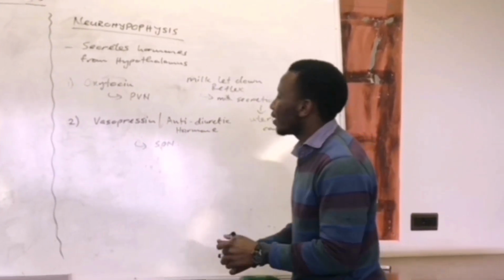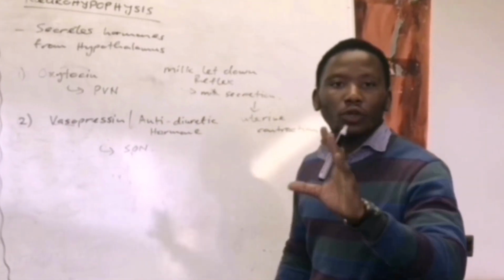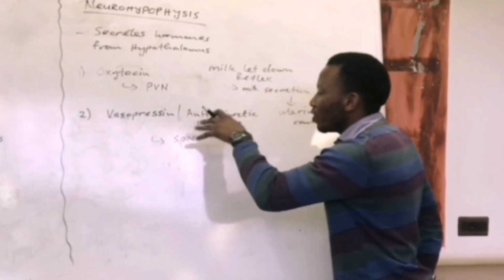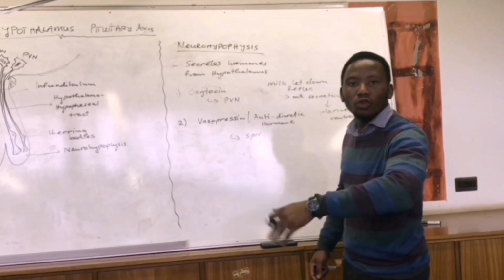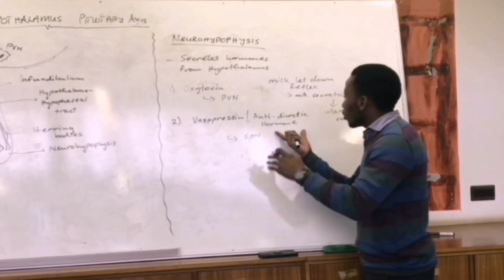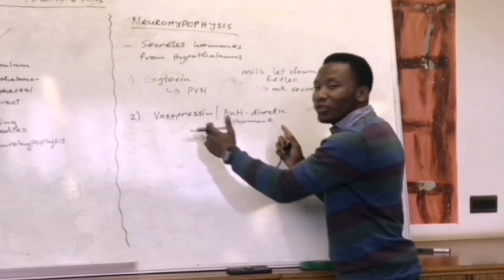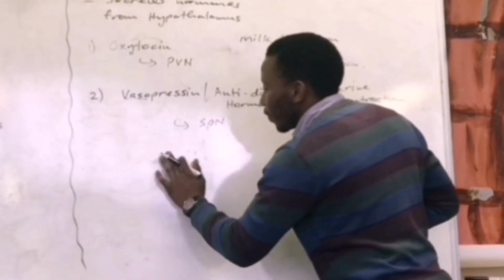Vasopressin, as the word says, vaso for vessel, okay? Pressin, you're pressing vessels. The other name is anti-diuretic hormone. Diuresis means excess water in your urine, okay? So it means anti-loss of water in urine. These are the two functions of vasopressin. They're all found in the name, okay? Pressing vessels.